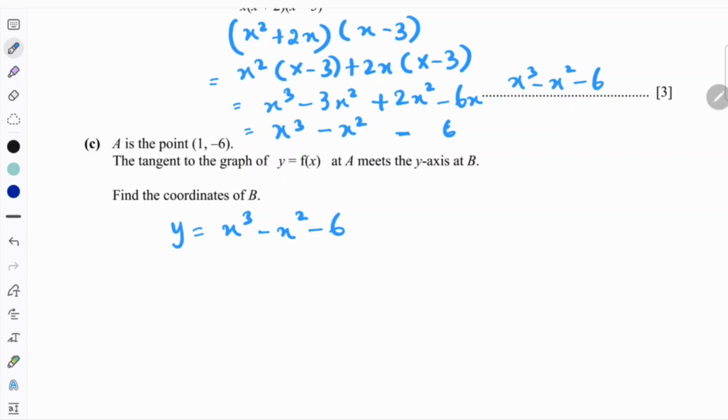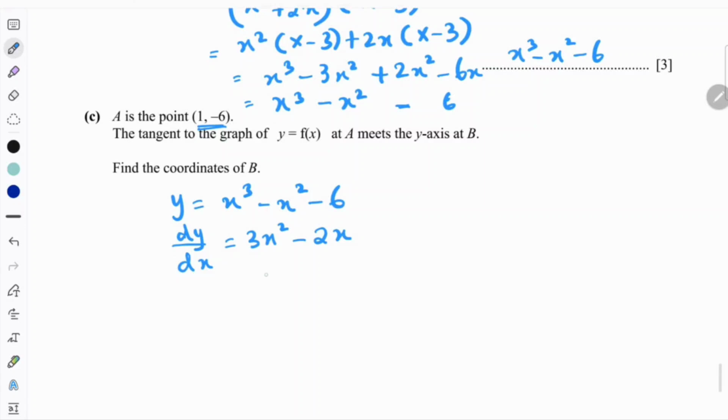So it means for the tangent they have made, we have to differentiate the equation. dy upon dx equals 3x square minus 2x minus 6. Alright, at which point we have to find out? At x equals 1. At 1, what is the slope or the gradient?